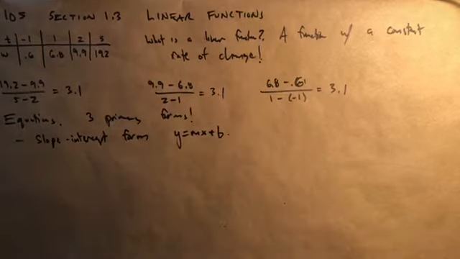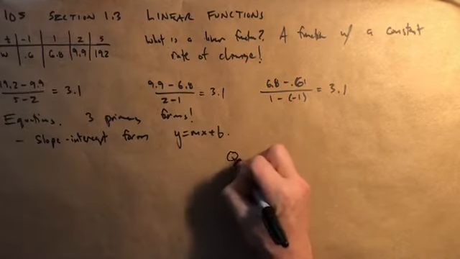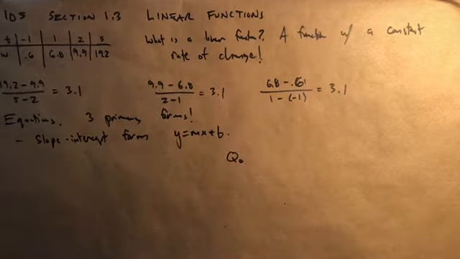And I love that, except for the fact that I'm not always going to have x's and y's. In a real world scenario, typically I'm starting out with something. And so I'm going to say that I'm starting with some quantity q naught, my starting value.